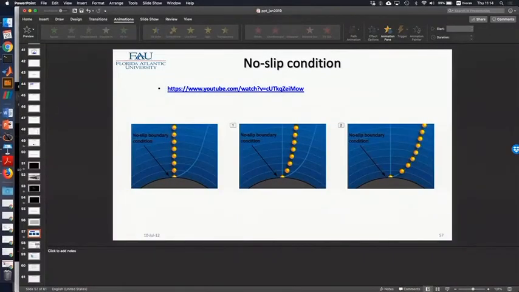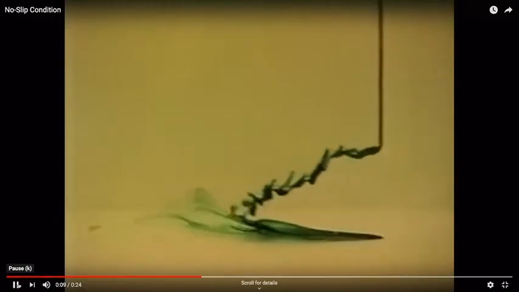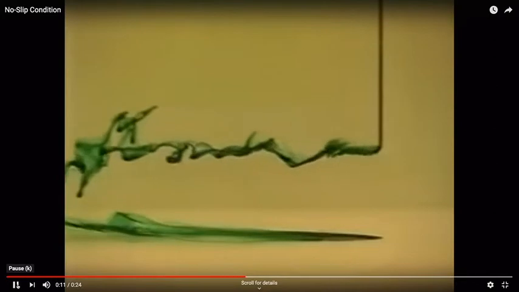Okay, so the experiment we will look at is basically there's water flow in the tank, and there's a small tiny tube that will inject a dye or ink. Okay. All right. So there's the dye being released, and you can tell that the water is flowing from right to left.